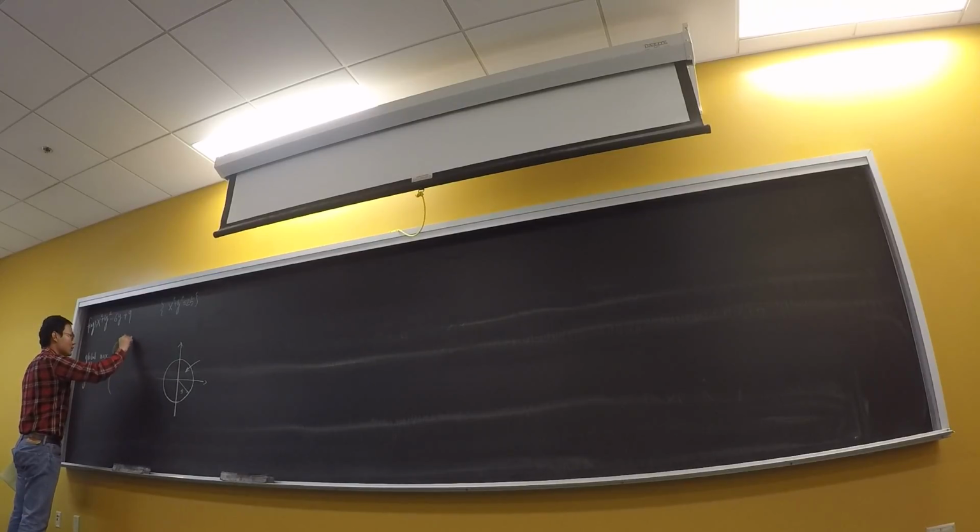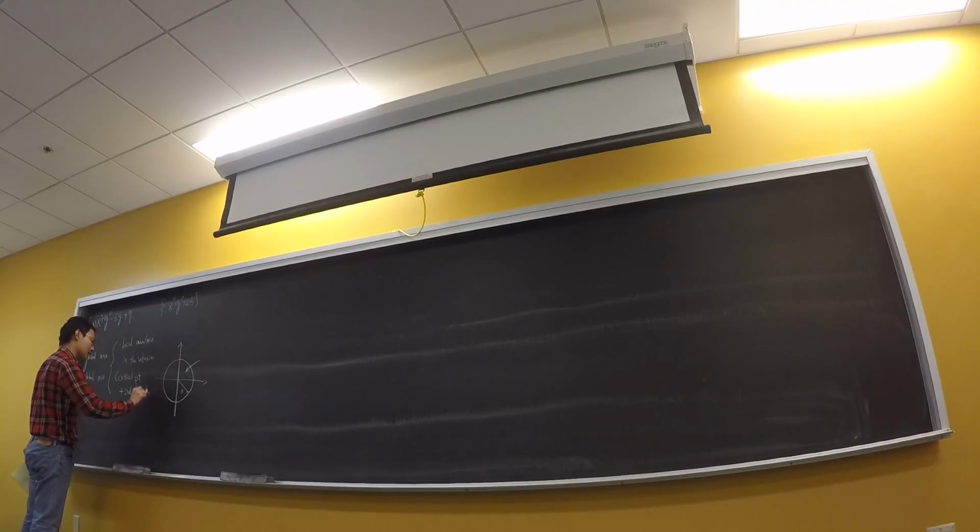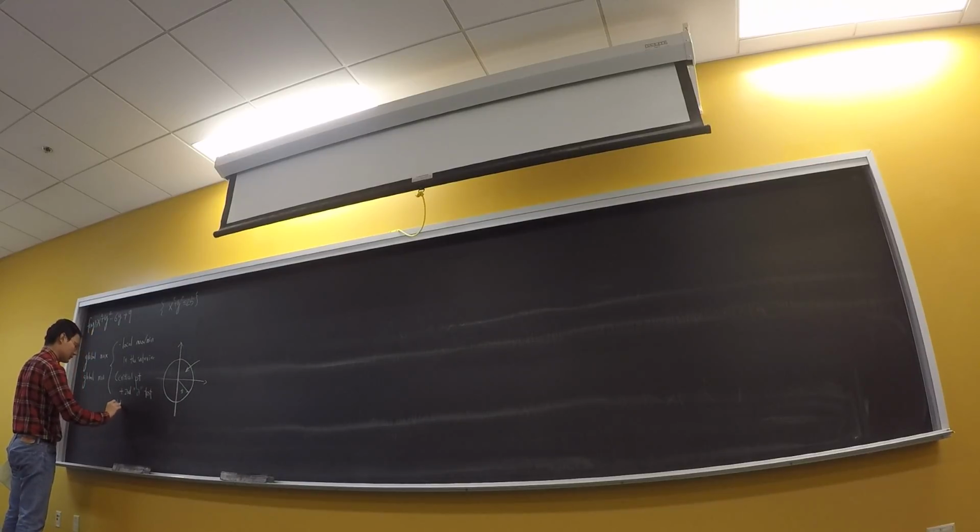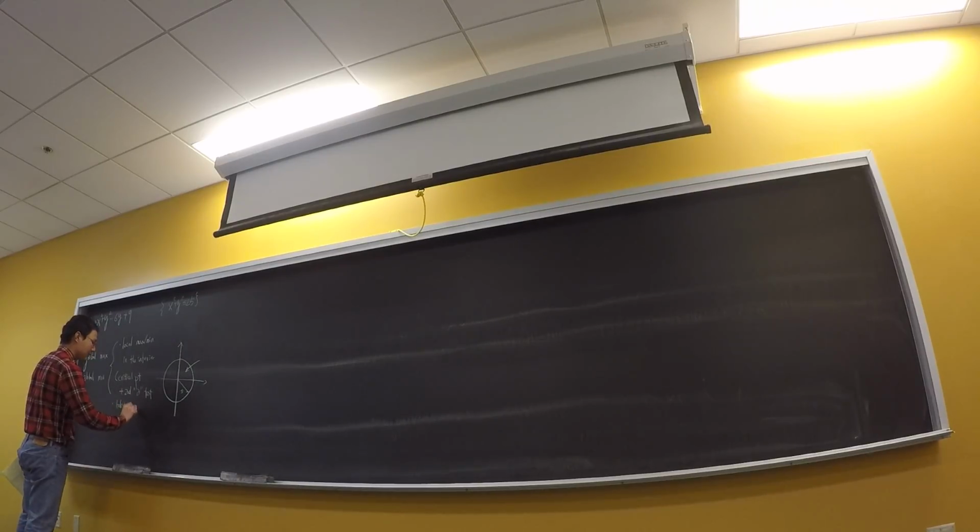So first is a local maximum, minimum in the interior. So basically, this is the usual critical points plus the second partial derivative test. Okay, and then we have to go to the boundary, which in this case is just the circle.